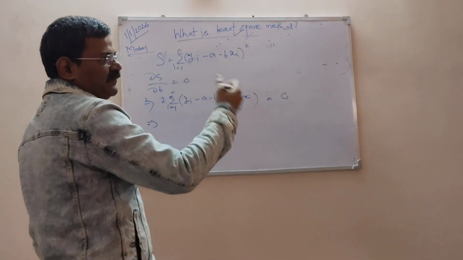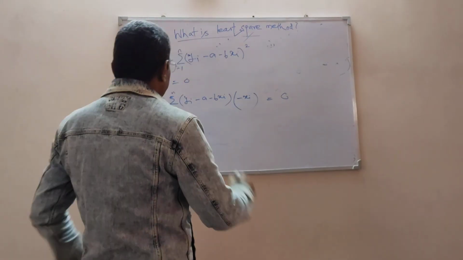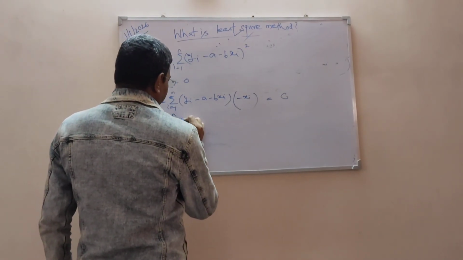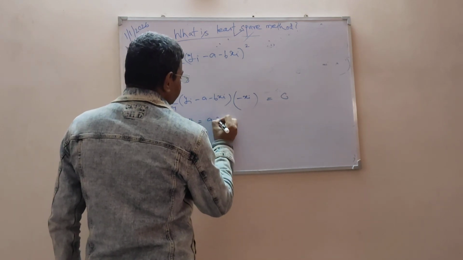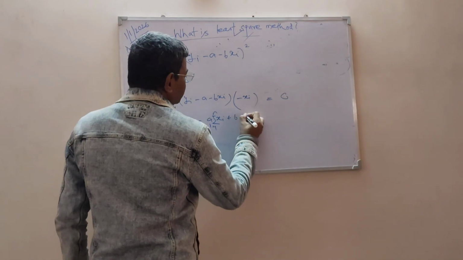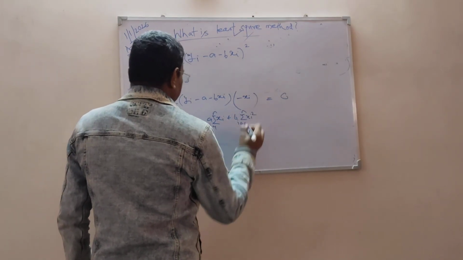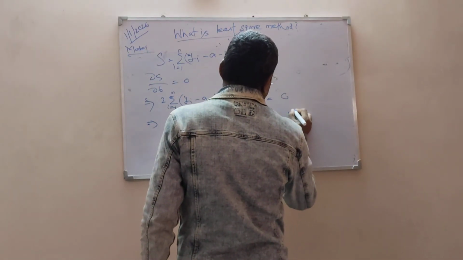Now if I expand it, it becomes the summation i from 1 to n of xi yi equals a xi plus b xi square. So this is my second equation.